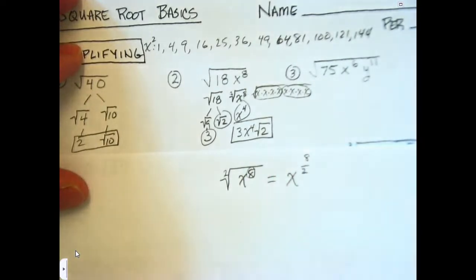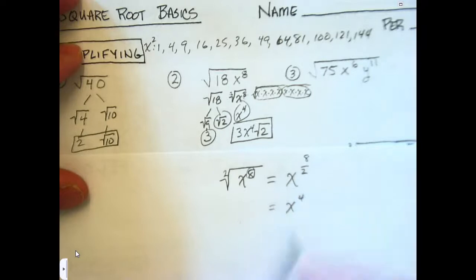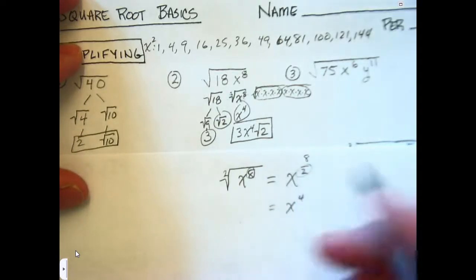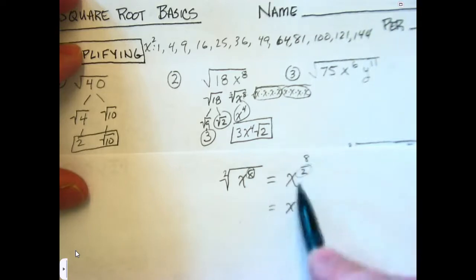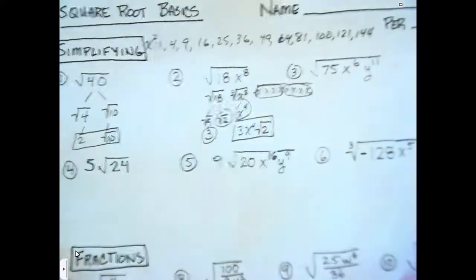That gets rid of the radical as well. So you can think of that as x to the 8 over 2 or 4. So anytime you have a root, whether it's square, cubic, or whatever, you can write it as a fraction. It actually makes it a lot easier to simplify.